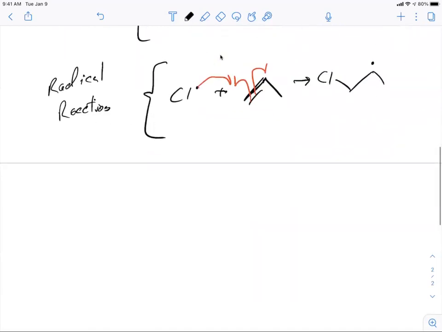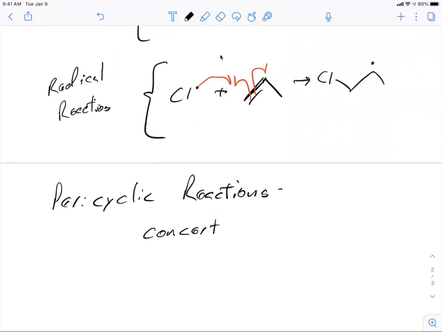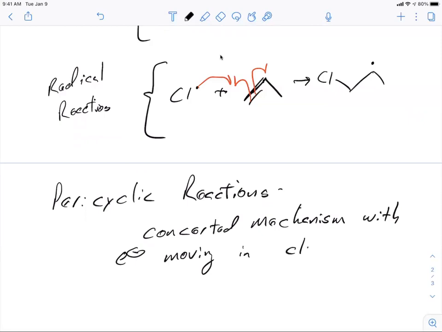In pericyclic reactions, we're going to have concerted mechanisms. The reactions are all going to be concerted with electrons moving in a closed loop.